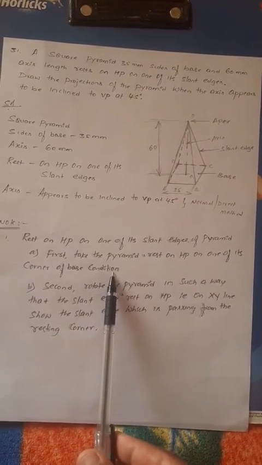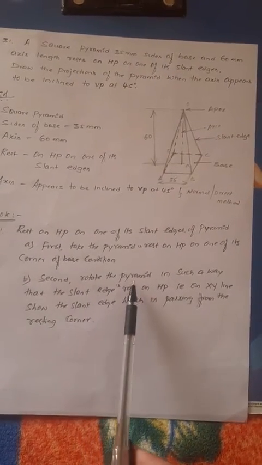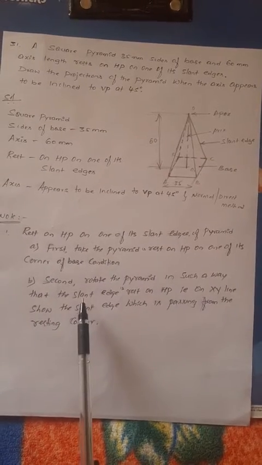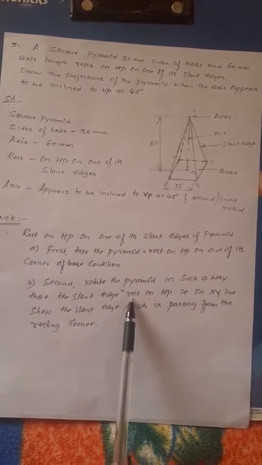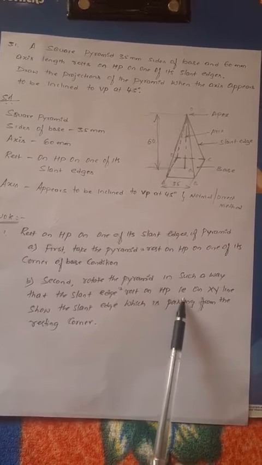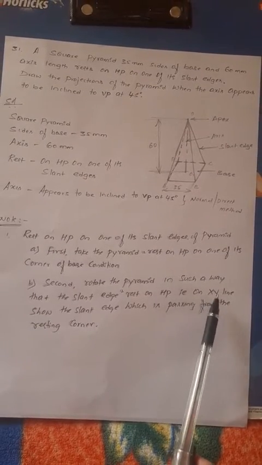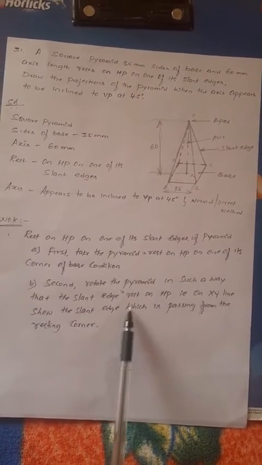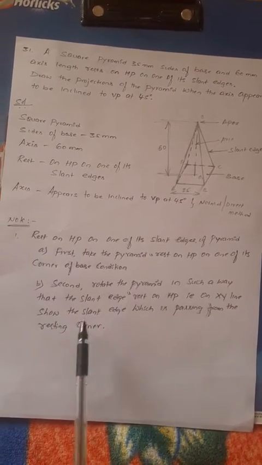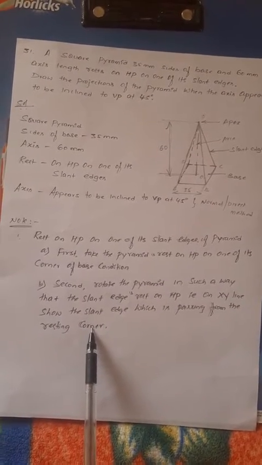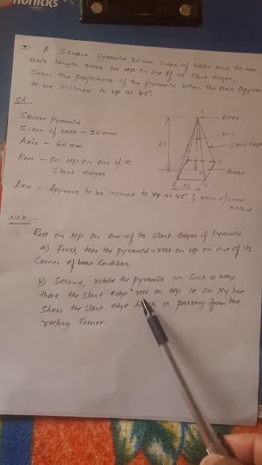Second, rotate the pyramid in such a way that the slant edge rests on HP, that is, on the XY line. Show the slant edge passing through the resting corner. Clear? Remember these 2 points.